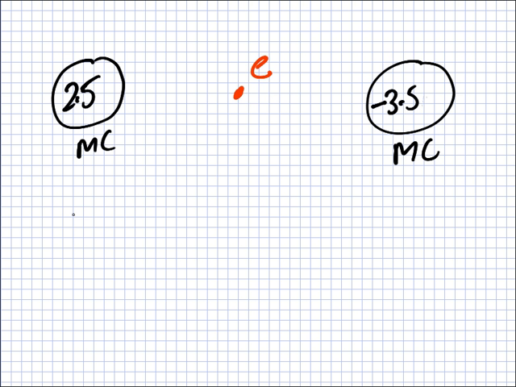Well, firstly, let's do the easy part. What's the direction? So which way will the force be? Now remember, this guy is positive, this one is negative, and this one is negative. So what way will the direction be? Left or right? Are you sure?